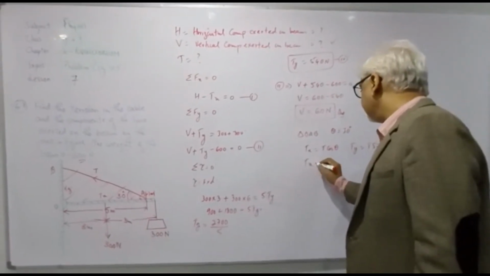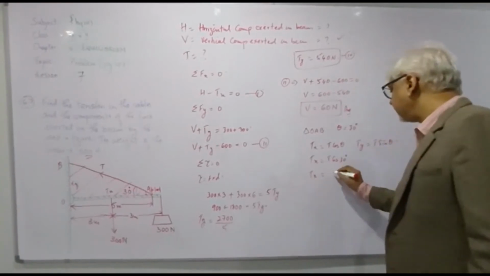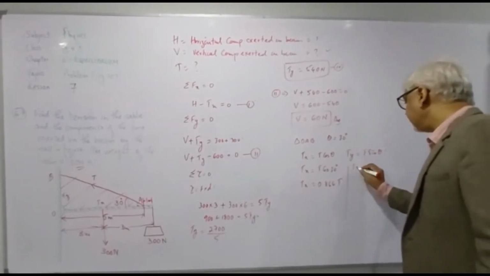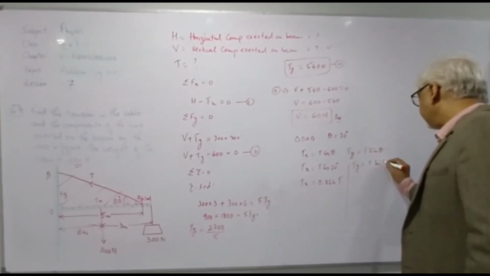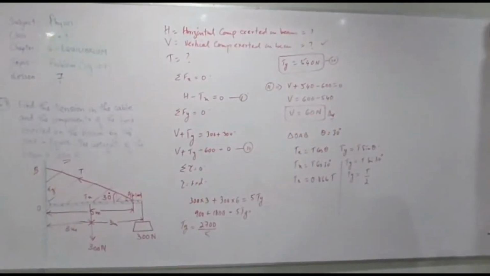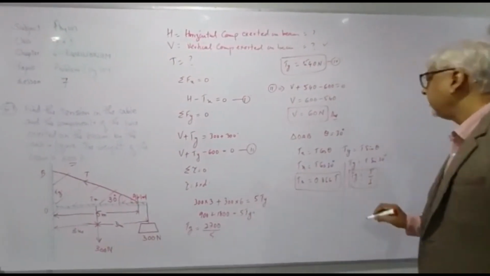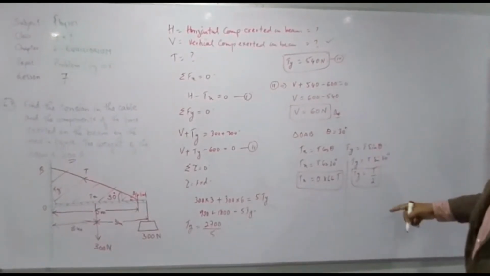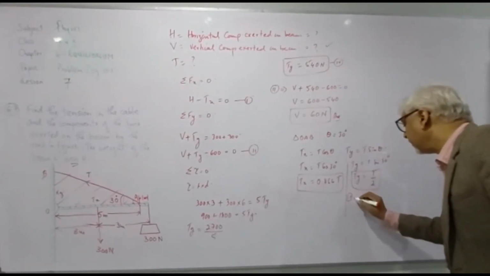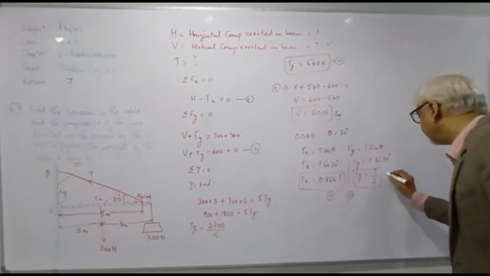So Tx equals T cos 30 degrees, which is 0.866 times T, and Ty equals T sin 30 degrees, and sin 30 degrees is half, so we get T upon 2. Now we know the value of Ty, which is 540. Let's call these equation 5 and equation 6.